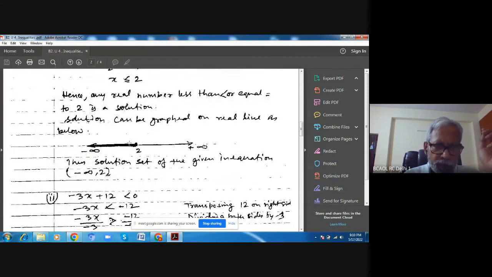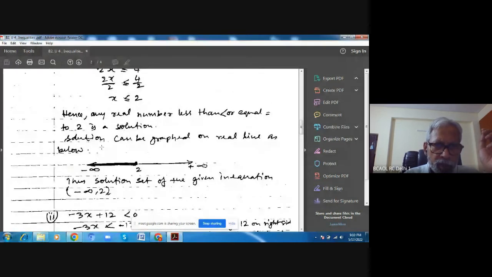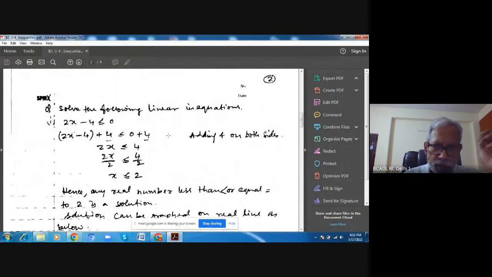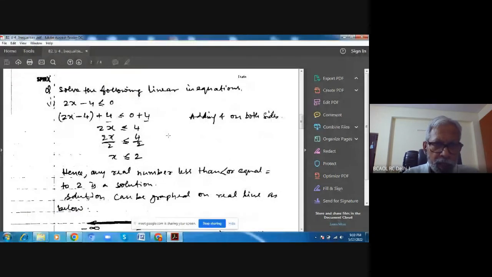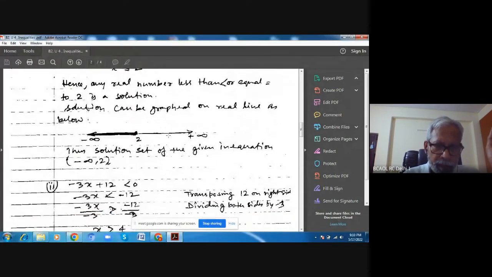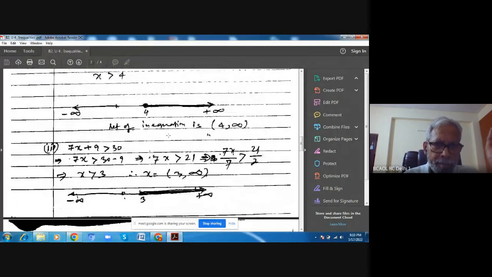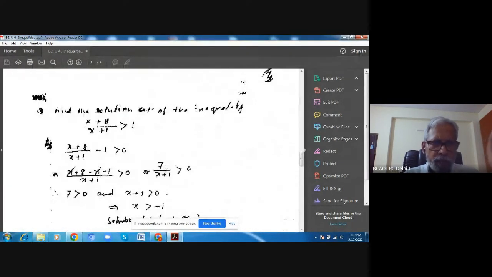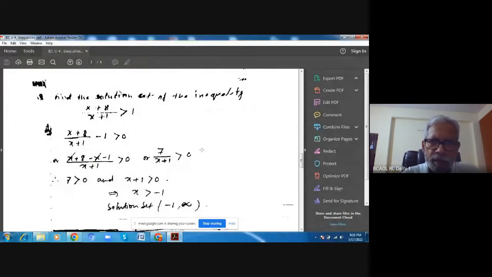How to plot the figures this way based on the value. Only the symbol you have to be careful about. When you are graphically representing, the values are changing or not. So in the case of multiplication, only the figures change. Anyway, if any doubts, we can discuss later on, no problem.